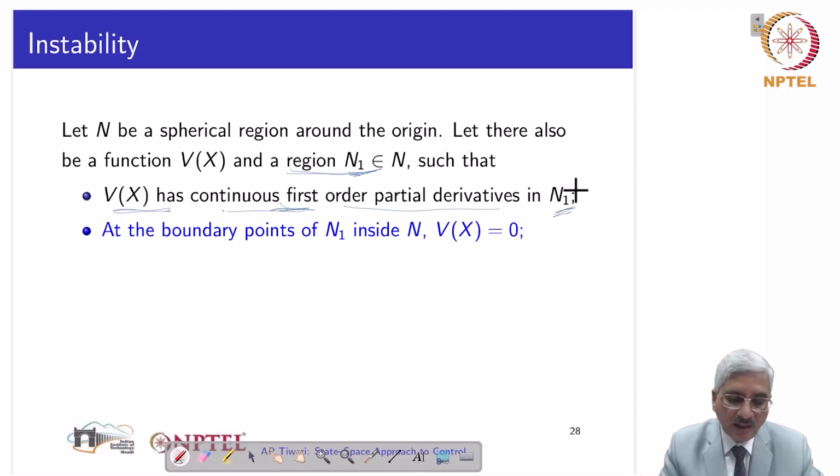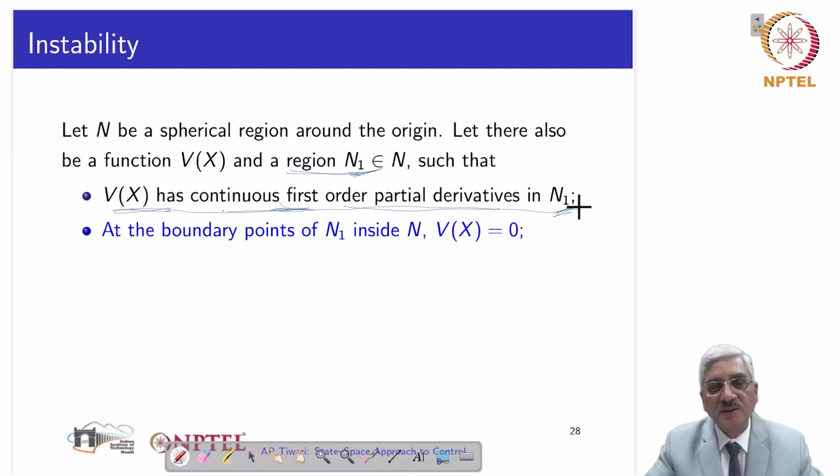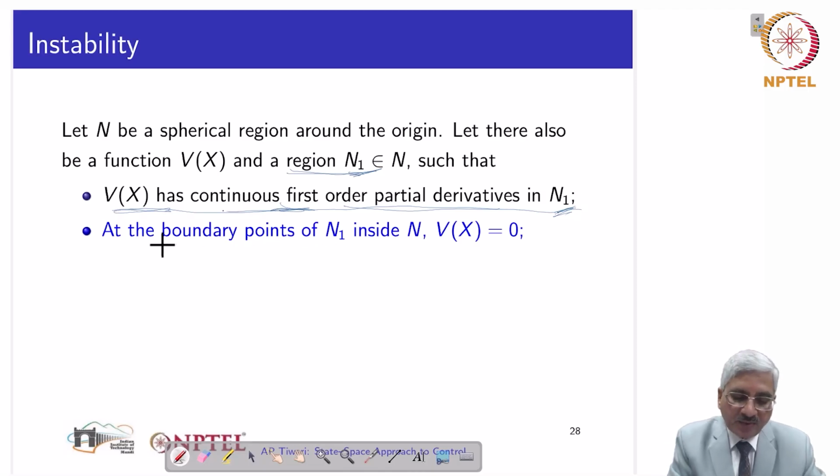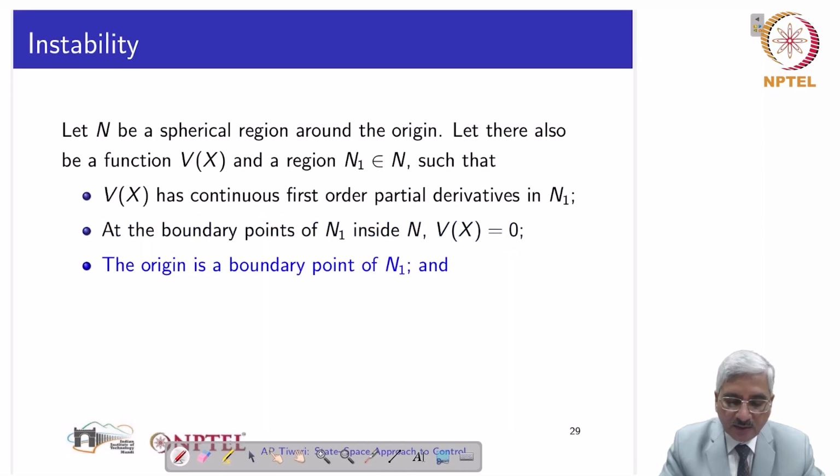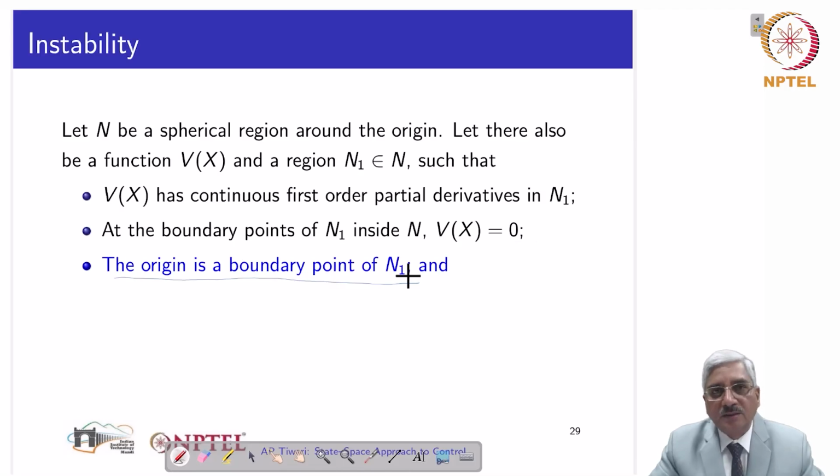Because N1 is in N, V(x) is continuous and its first order partial derivatives are continuous everywhere in N1 and N. And at the boundary of N1, which is inside N, V(x) is equal to 0. And also we know that V(0) is 0.